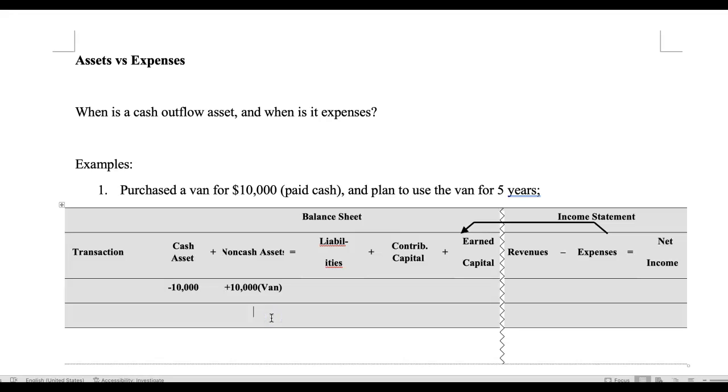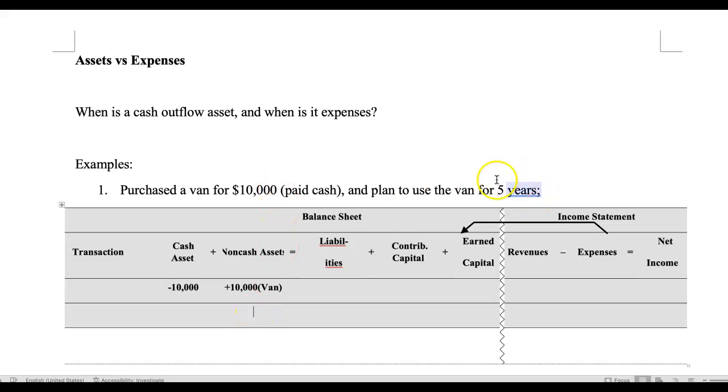The next question my student would have is, but I feel like it will become an expense eventually, which is true. So we will be talking about this later in this course, where we introduce depreciation, which means the van is going to be used in the future, and its value would decrease when we use it.